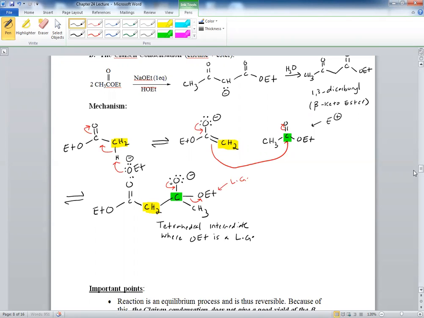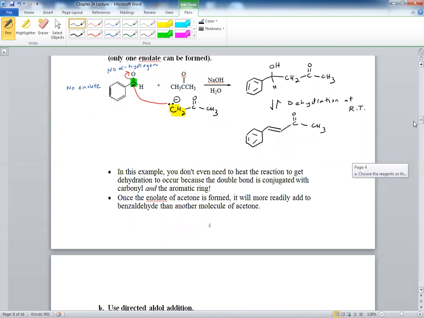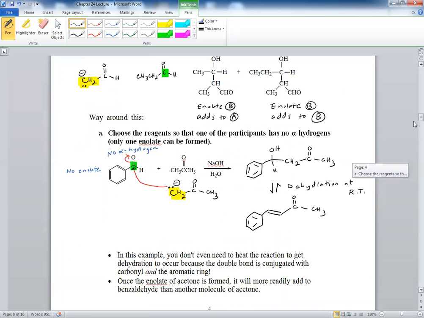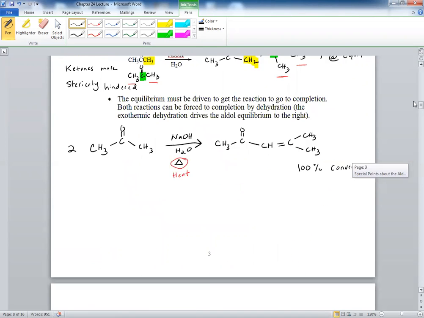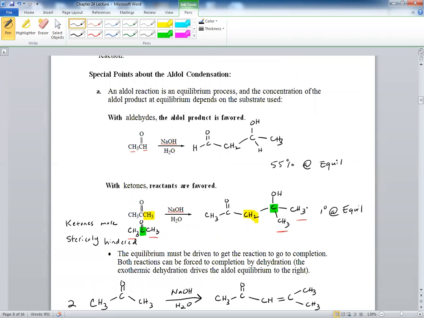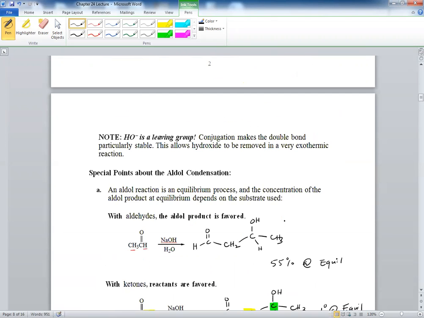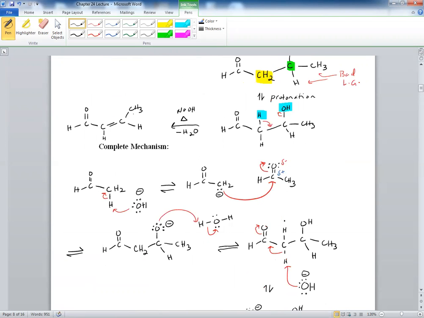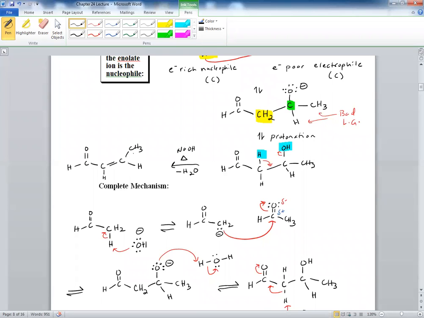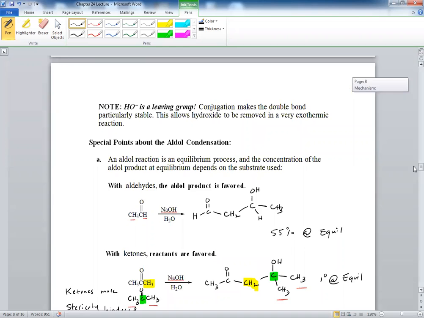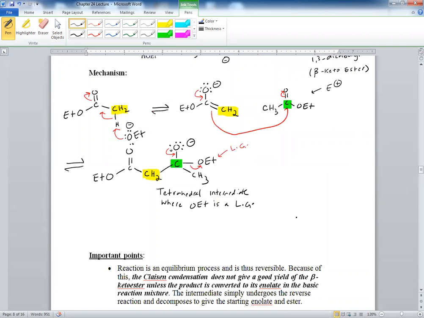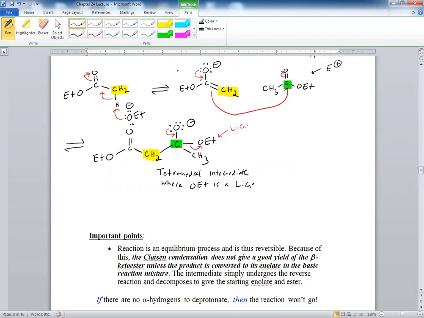If you go back to the aldol, let's go back really quick. You do not have a leaving group here. We already said that these are bad leaving groups. So those electrons cannot come down and kick either a methyl or an H. Those are very bad leaving groups. However, OEt, or ethoxy, ester, methoxy, etc., those are leaving groups. We saw that with esters.